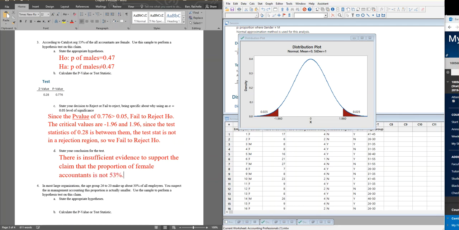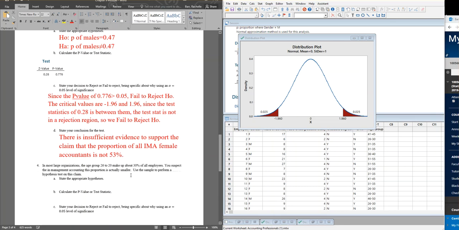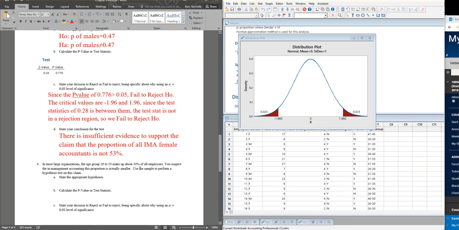So see the double negative in here? It's not the alternative. So I'm saying it's not the Ha. I should say all IMA, because that's who this is actually about. I like that better. All right. Here we go.